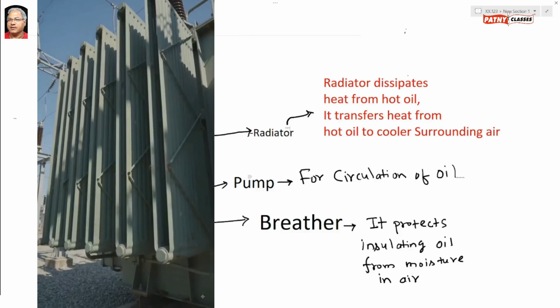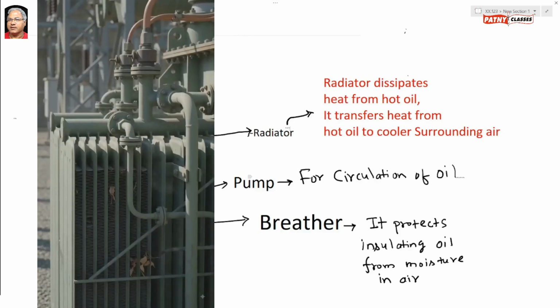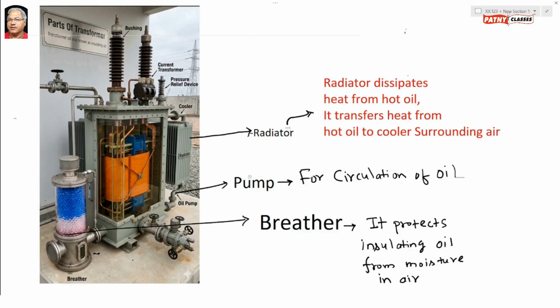The outside air is much cooler compared to the inside temperature of the transformer. So it is mainly a temperature controller. The main job of the radiator is to control the temperature by transferring heat from inside to outside of the transformer.